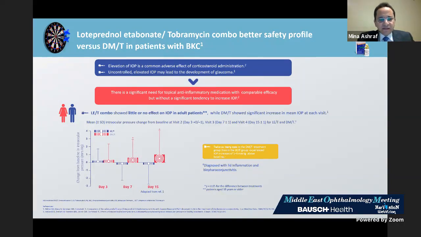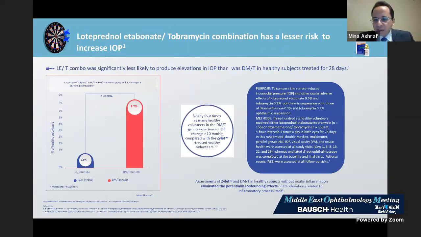Finally, in this study, which compared the safety profile of Zylet to dexamethasone tobramycin, we studied 306 healthy volunteers who received either loteprednol etabonate tobramycin, Zylet, 156 patients, or dexamethasone tobramycin, 150 patients, at 4-hour intervals, 4 times a day in both eyes for 28 days. In this randomized double-masked multi-center parallel group trial, IOP, visual acuity, and ocular health were assessed at all study visits.